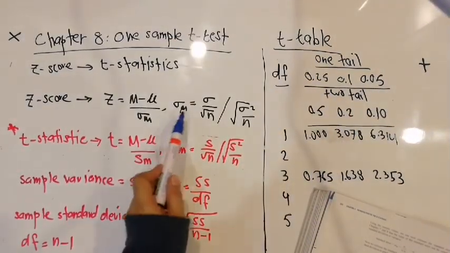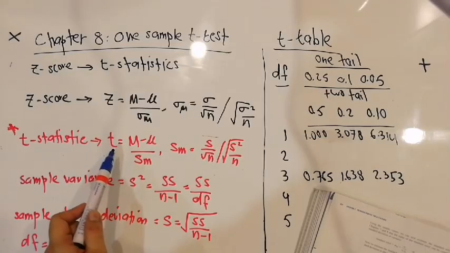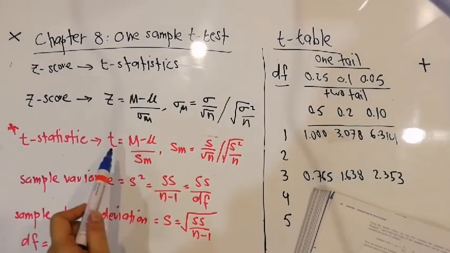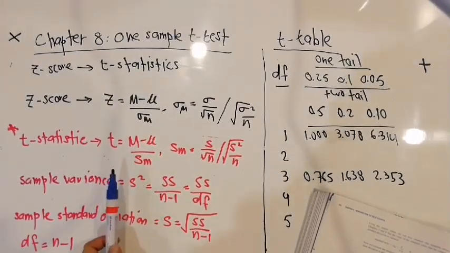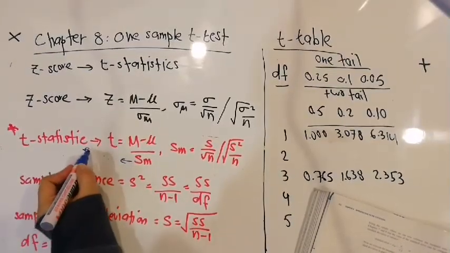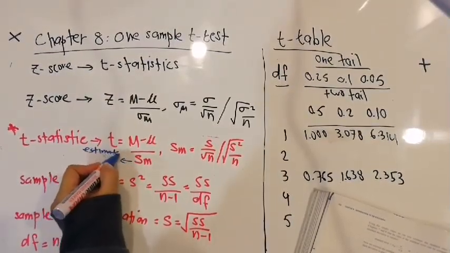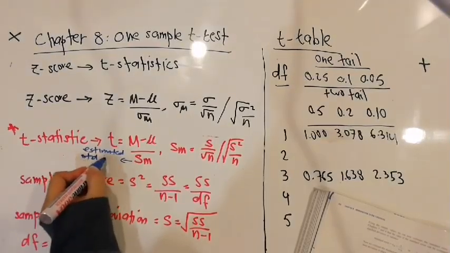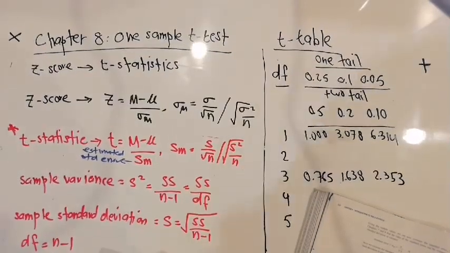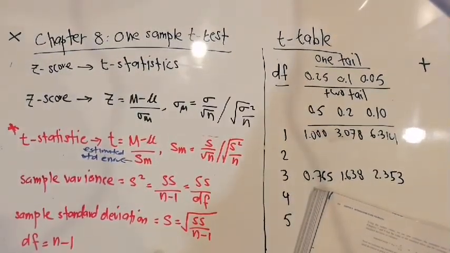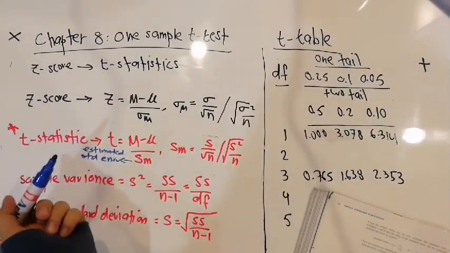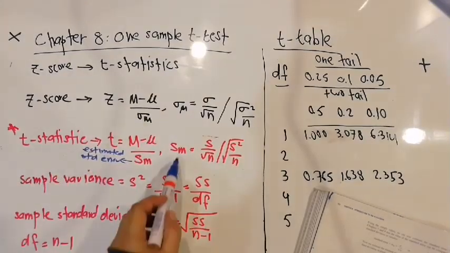So the formula is t equals M minus mu divided by the estimated standard error. The estimated standard error is the estimate of the real error of M, used when the value of the standard deviation is unknown.